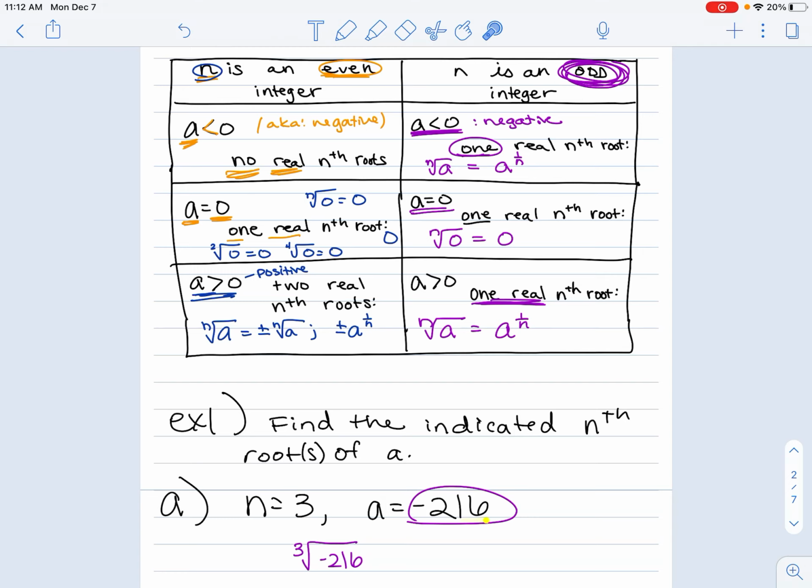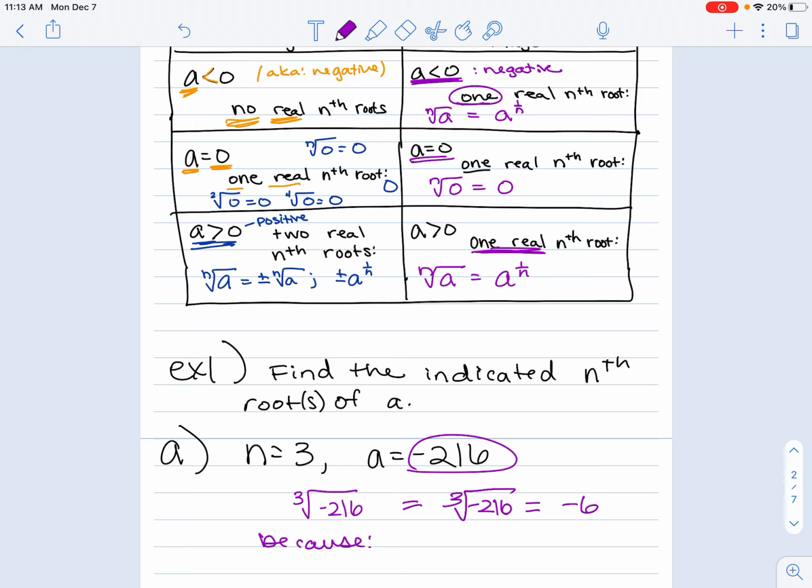So we know the third root of negative 216 is really going to be negative 6. And this is because if you did your lists before of things to the third power, I know 6 to the third is 216. So negative 6 to the third is negative 216.